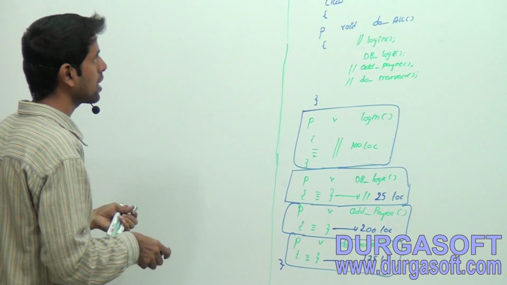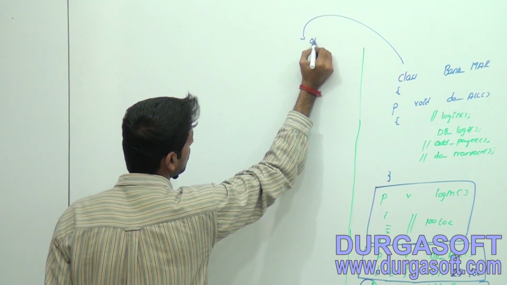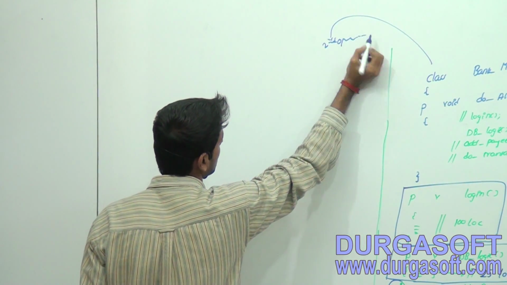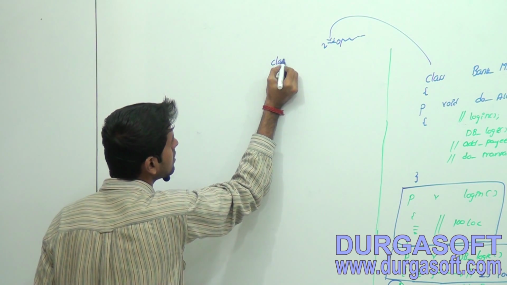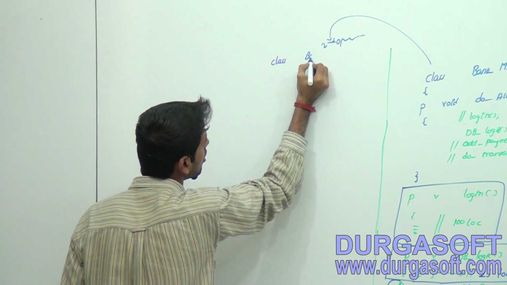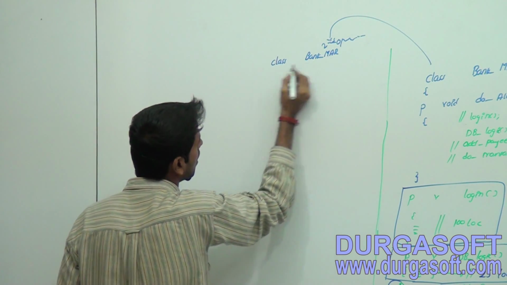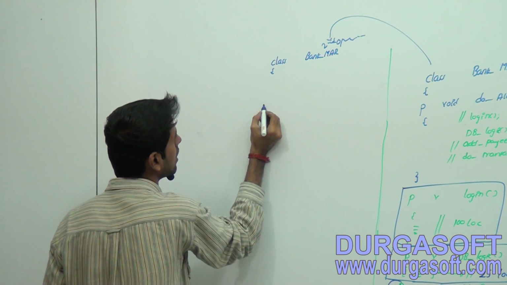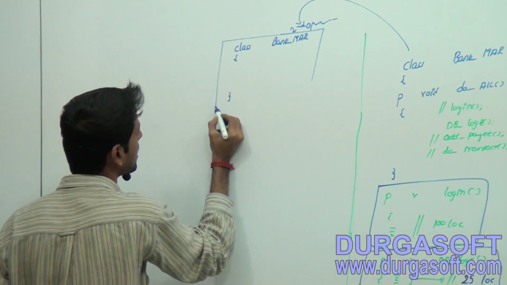Let us optimize this one to some other extent. Let it be class BankMAR, where you have some functionality; I will write those methods later.